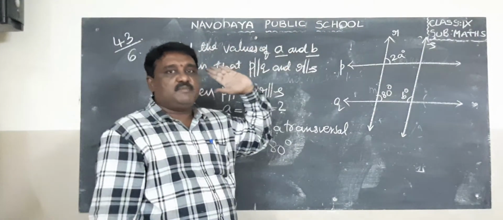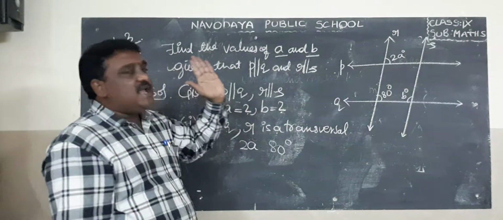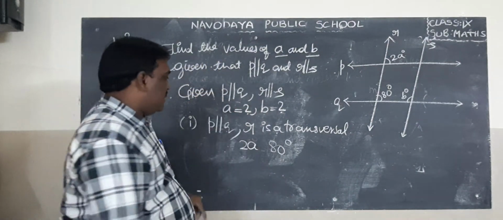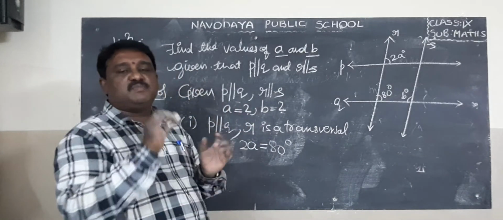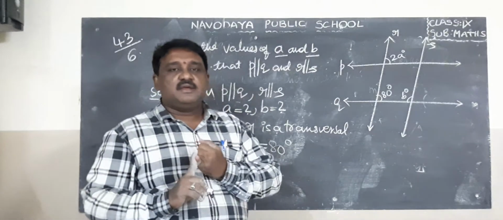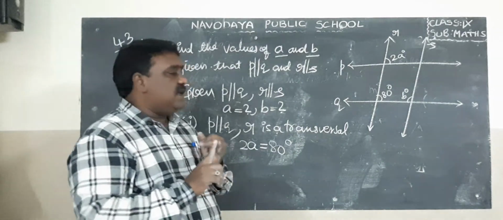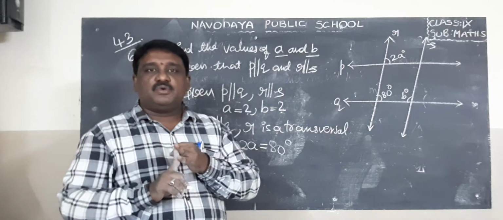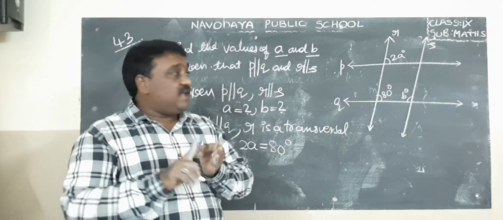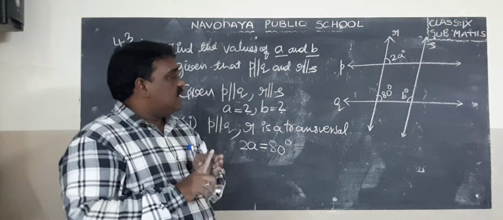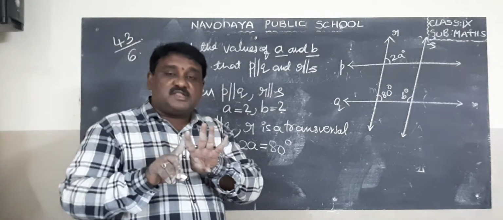So that is the information you have to observe. They lie on the same side of the transversal. What type of angles are they? They are corresponding angles. Number 1, exterior angle and interior angle. Number 2, same side of the transversal. Number 3, they are not adjacent.